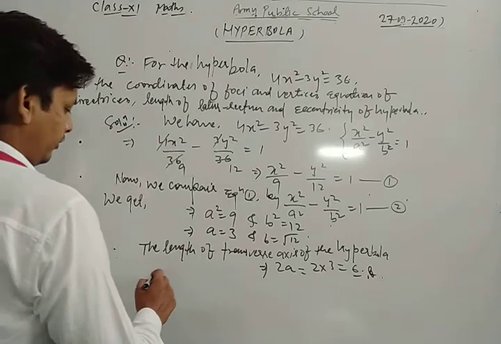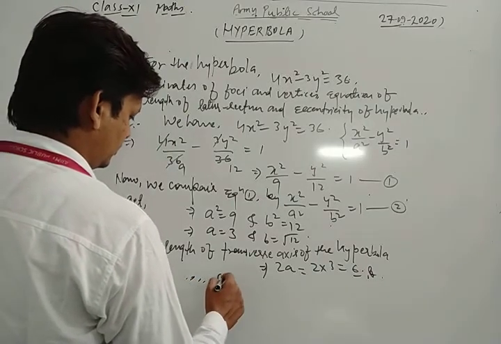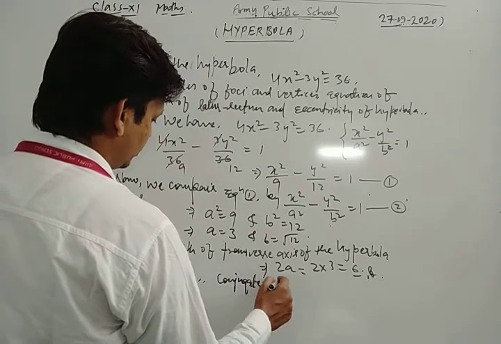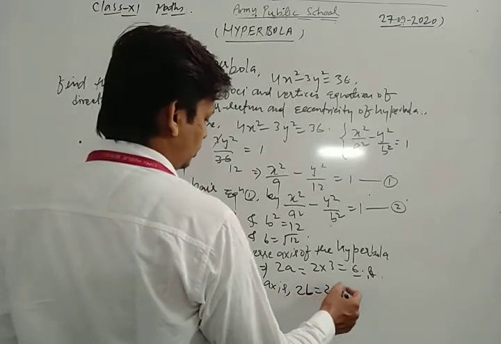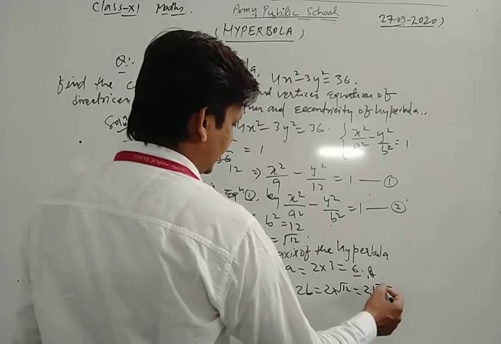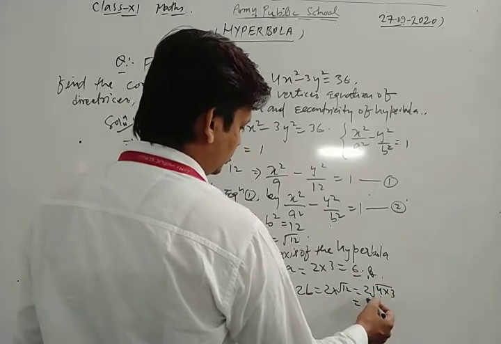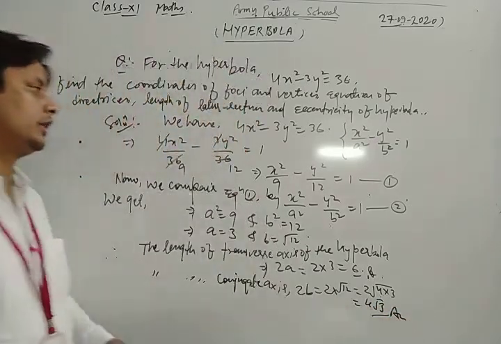And now the length of the conjugate axis. Yes, so the length of the conjugate axis of the hyperbola is 2b. So we have 2 into under root 12, so we have 2 root 12. We can write 12 as 4 into 3, so we have 2 into 2 under root 3, that is 4 root 3. This is the length of the conjugate axis.